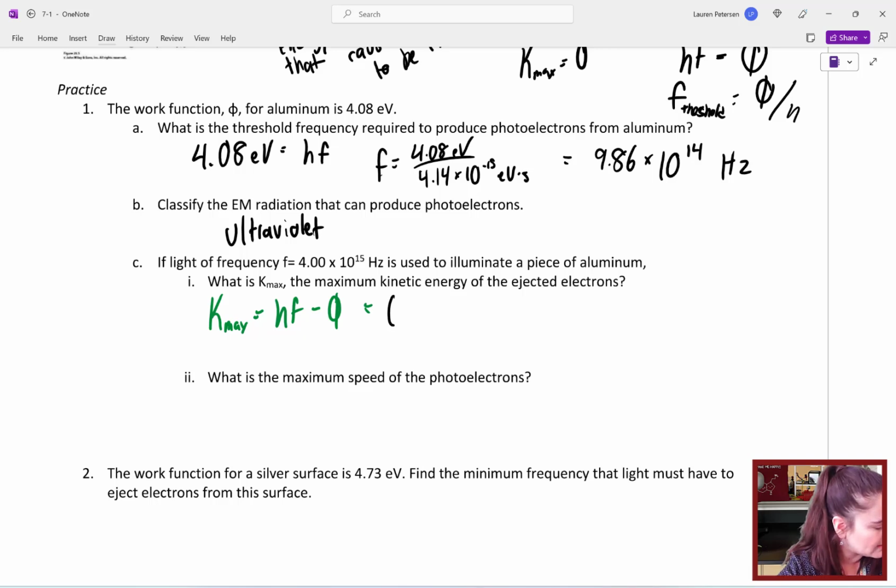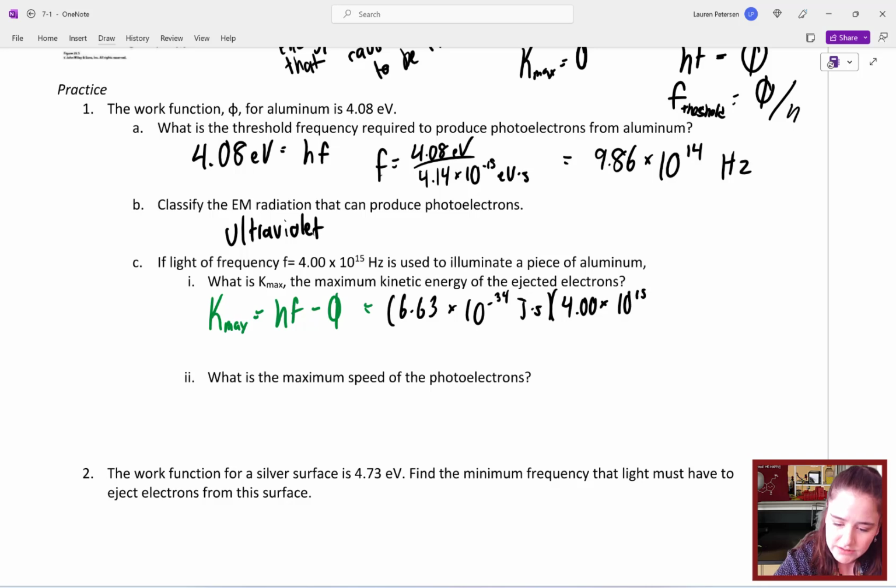So we have Planck's constant. I'm in hertz, and I'm going to need speed later, which is meters per second, more closely related to joules. I don't know the electron volts, so I'm just going to solve this out in joules for this problem and use 6.63 times 10 to the negative 34 joule seconds times 4 times 10 to the 15 hertz, or per seconds.